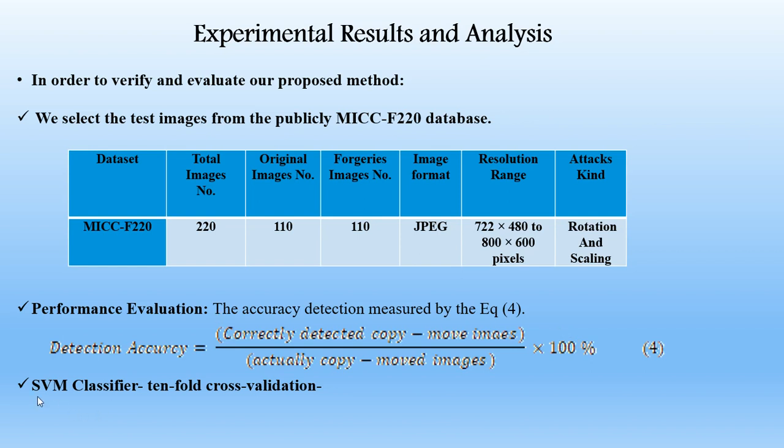For the SVM classifier, 10-fold cross validation is used for training and testing. So we divide the images selected from this public database into a training dataset and a testing dataset by 10-fold cross validation.